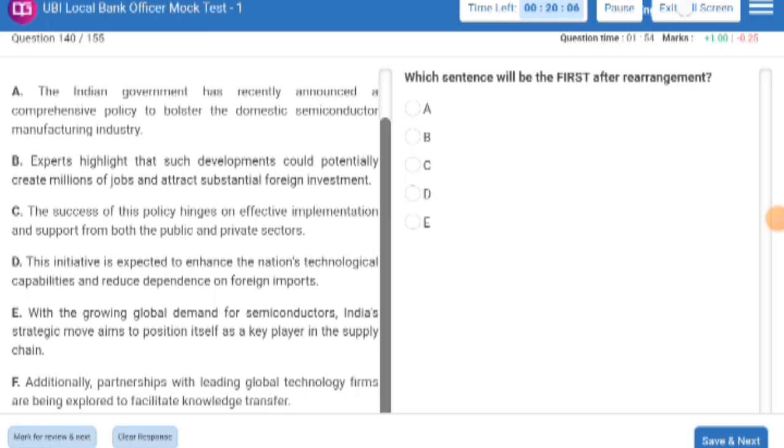This initiative is expected to enhance the nation's technological capabilities and reduce dependency on foreign imports.